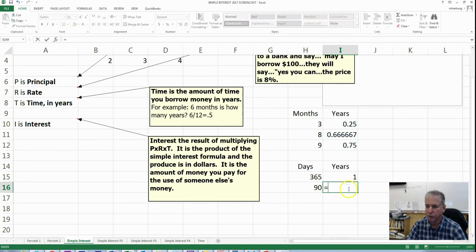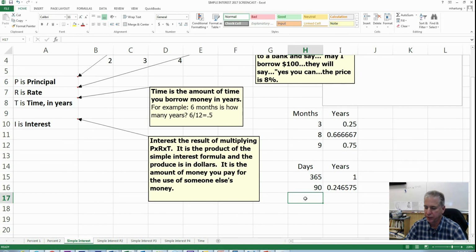Now, of course, you could have also done this. You could just click on the 90 there, divided by the number of days in a year. 0.246575 years. How about 19 days?